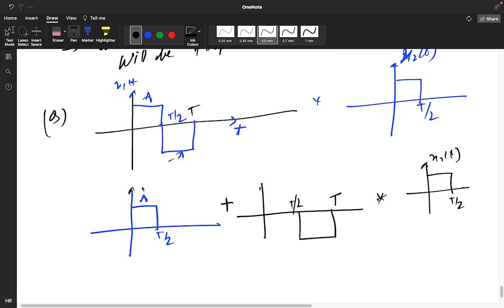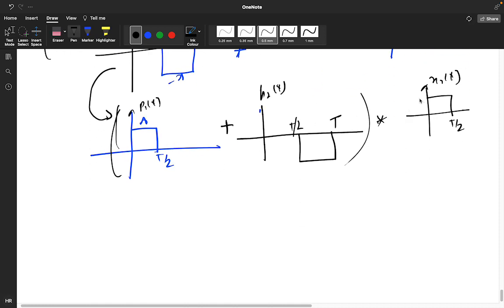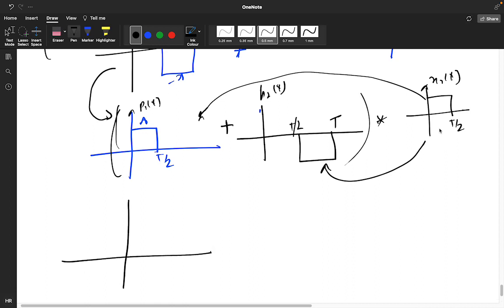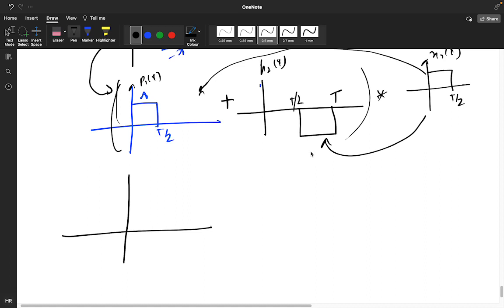So you are assuming this is your p1 of t, this is your p2 of t. The overall result means addition of these. So these two signals we can convolve separately. The convolution is happening with this signal also, and with this signal also. So while you do the convolution of this signal with this signal, what will happen?